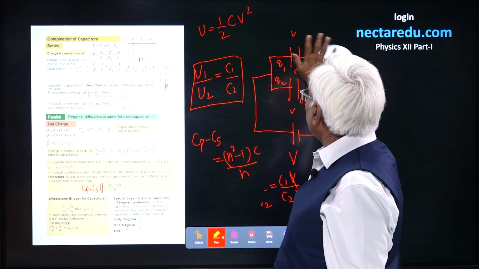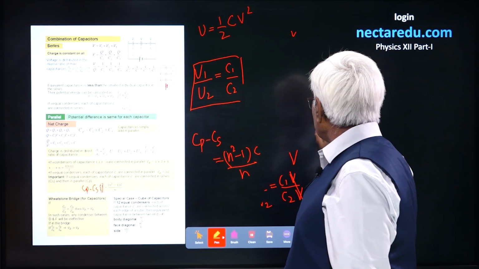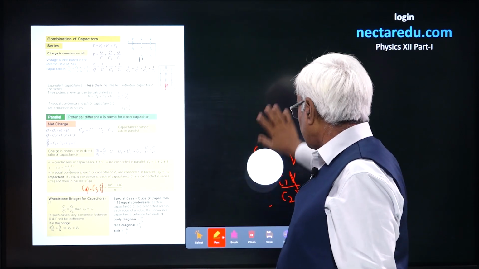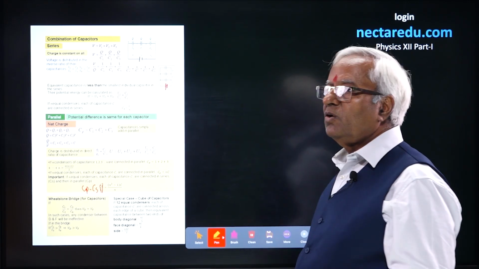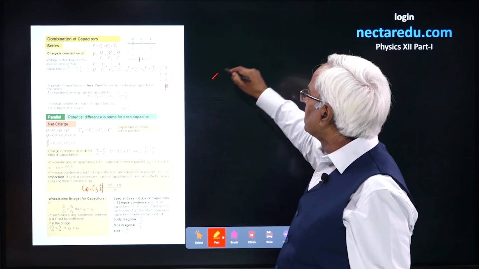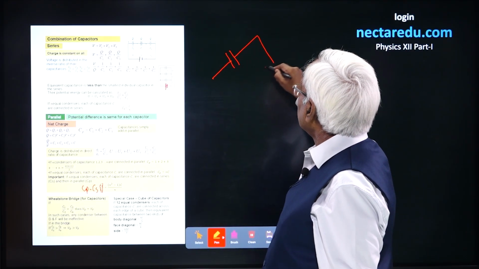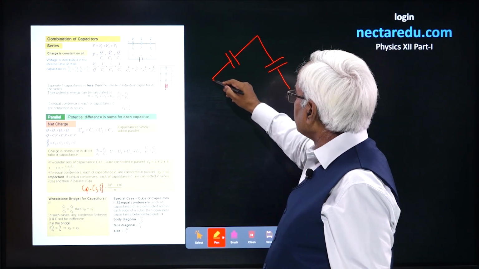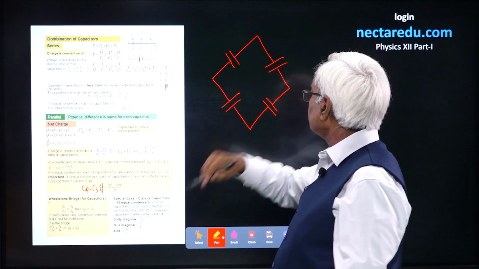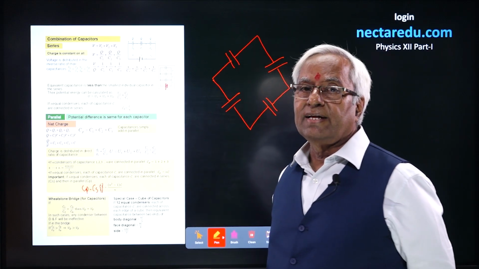There was one very important principle that's used in complex electrical circuits in later stages, that's Wheatstone bridge. Although it's more common for resistances, it is equally important for condensers as well. Suppose you are going to have 4 condensers.